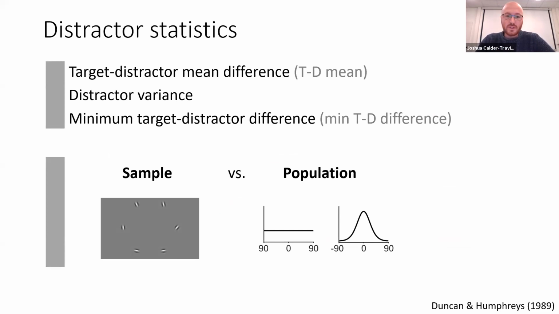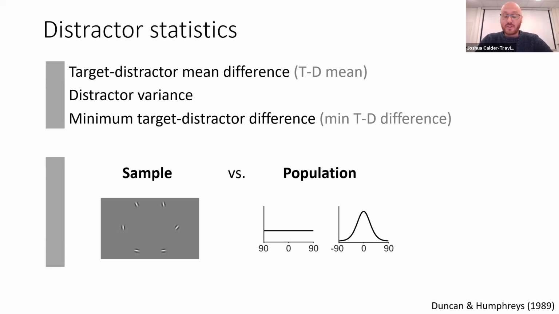One subtlety that is worth mentioning is that we could either look at sample distractor statistics or population distractor statistics. We could look at the mean and variance of the Gabors shown on a particular trial, or we could look at the mean and the variance of the distribution from which the Gabors are drawn.